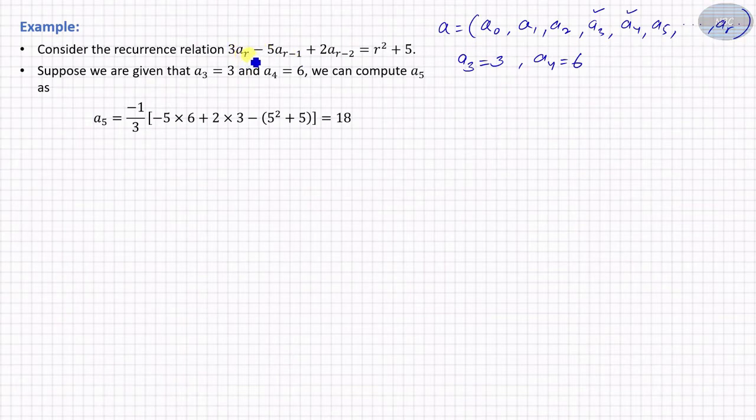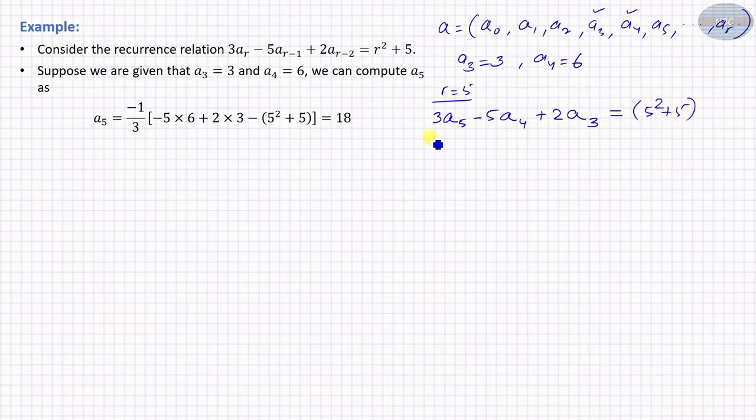In the place of r we can put 5. So when r is equal to 5, we get the equation 3a5 - 5a4 + 2a3 = 5^2 + 5.